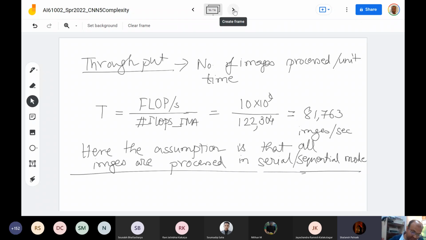Now, most modern processors do have parallel processing, and so the throughput actually changes. In fact, throughput is not 1 by latency anymore. The time taken to process an image is still going to be high, but the number of images you process per second is higher by virtue of parallelism.